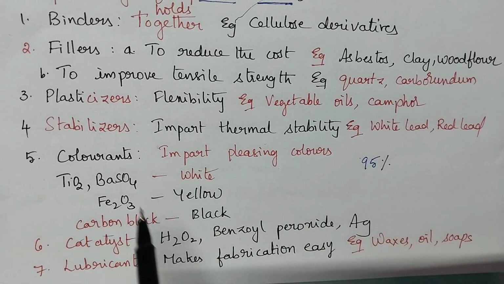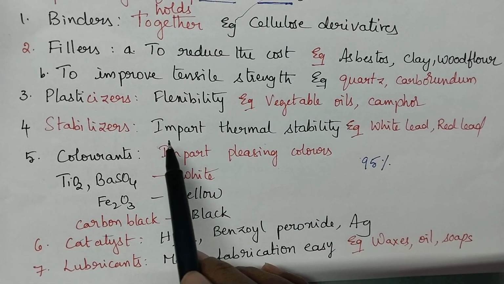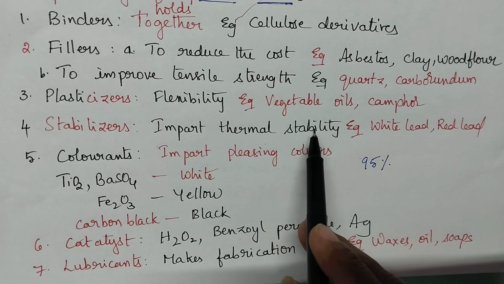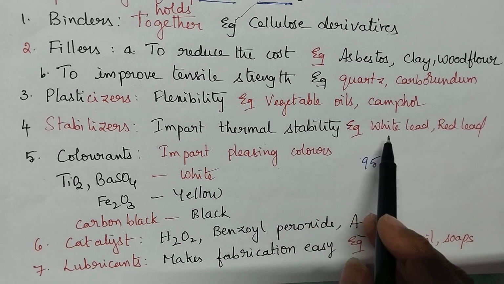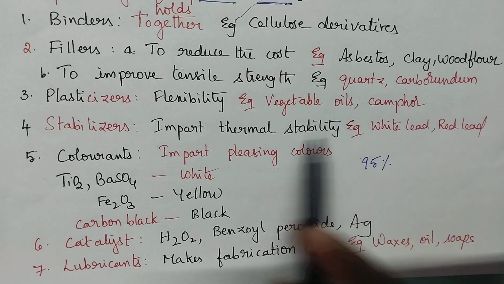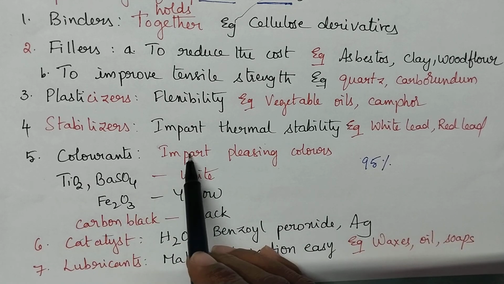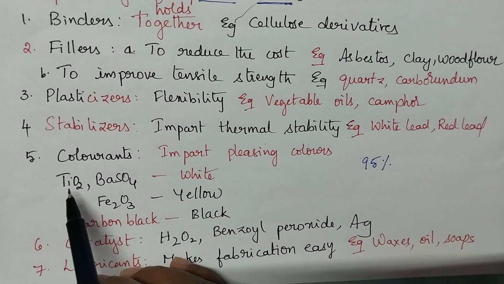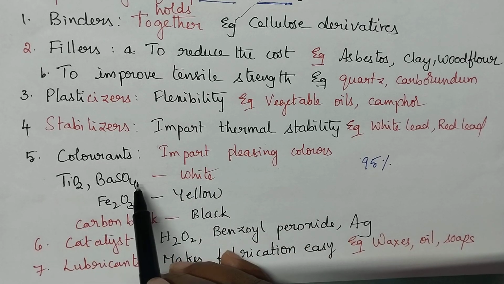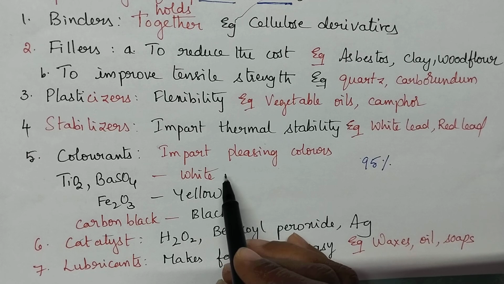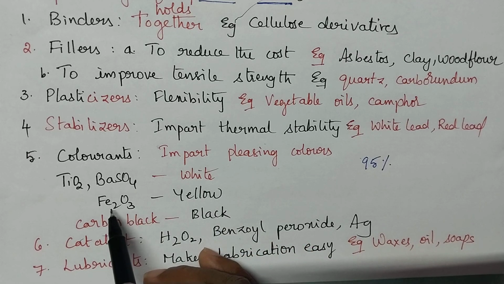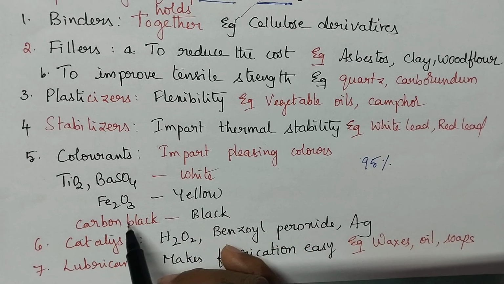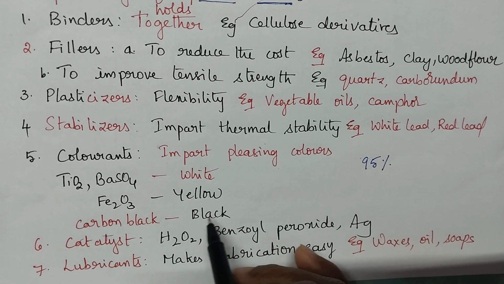Coming to the stabilizers, they impart thermal stability. Good examples are white lead and red lead. Coming to the colorants, they impart beautiful colors to the plastic. Generally, titanium oxide and barium sulfate give white color, ferric oxide gives yellow color, carbon black imparts black color.